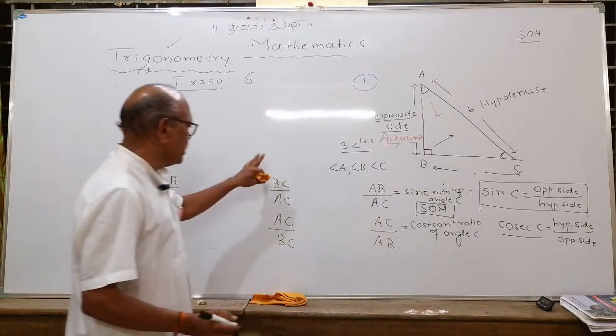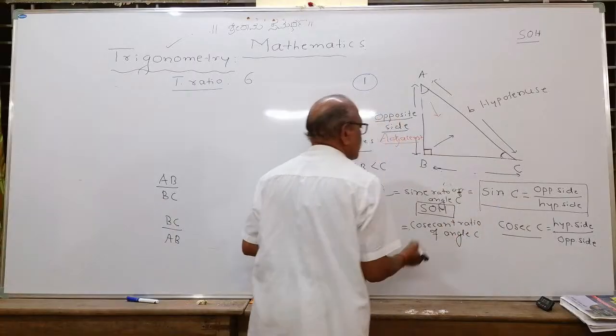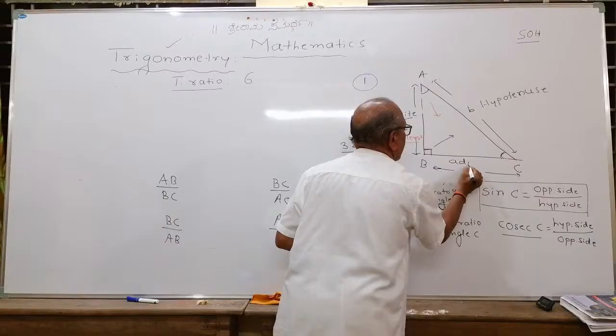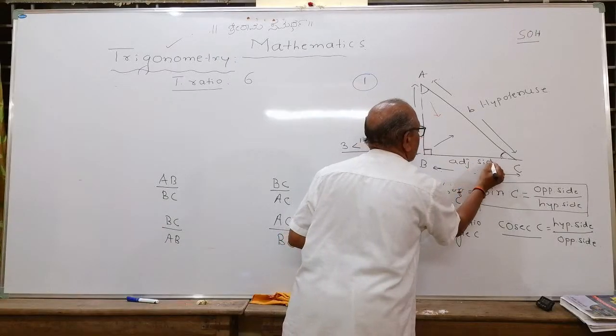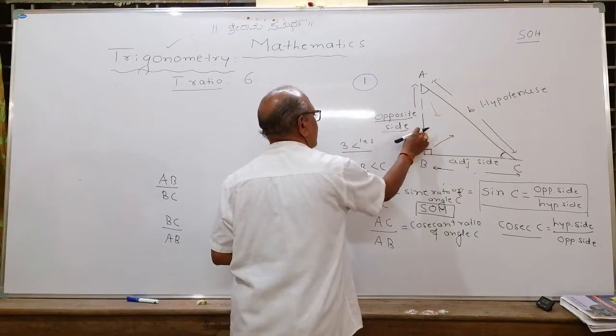Next come to the second ratio. With respect to angle C, what is BC? Just now I told you that this is called the adjacent side. Clear? This is the adjacent side.